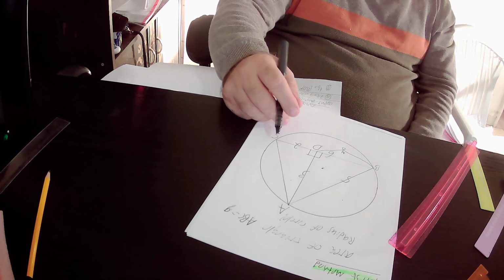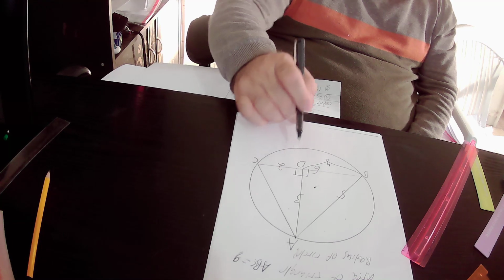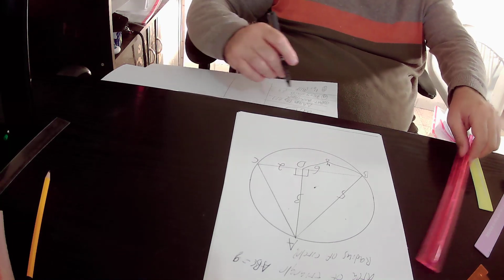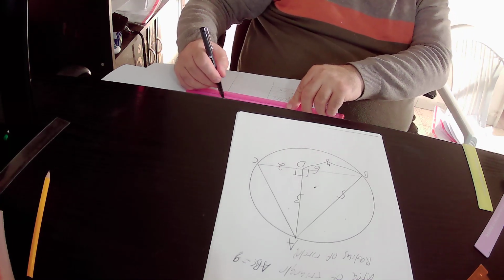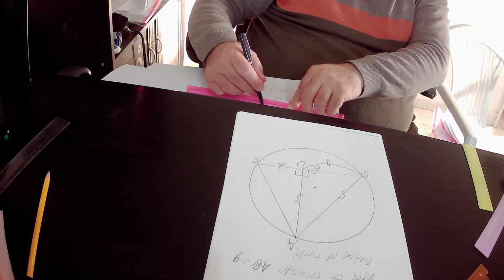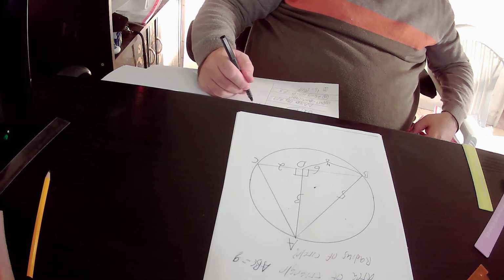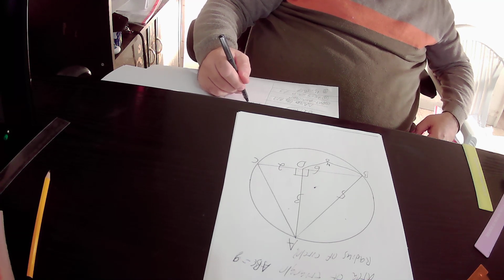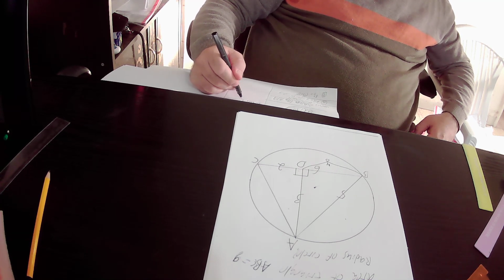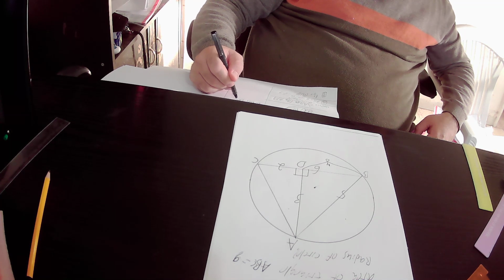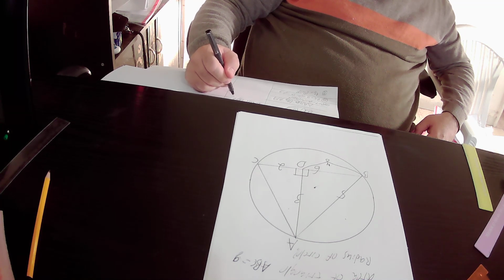So in the next step we'll focus on the right triangle ADC. On the right triangle ADC, PT is the abbreviation for Pythagoras theorem. The square of the hypotenuse equals the sum of the squares of the perpendiculars.